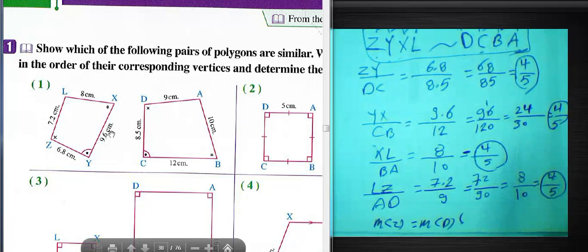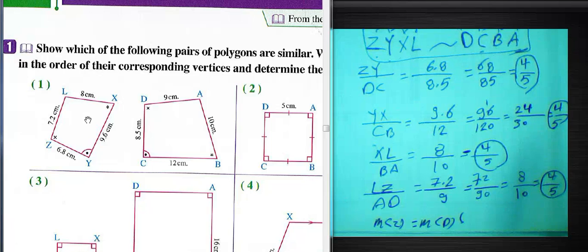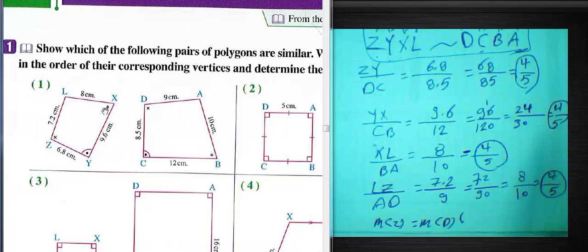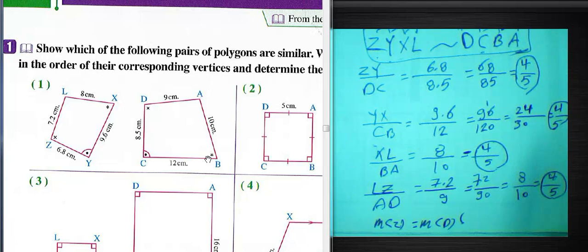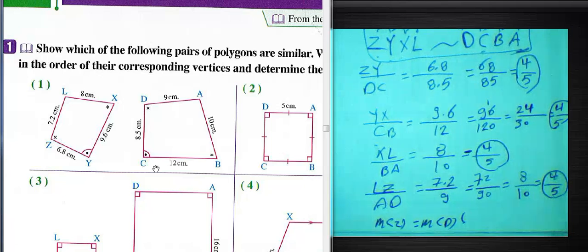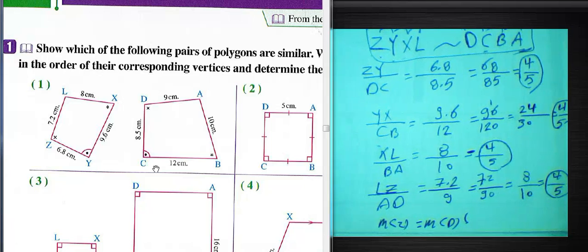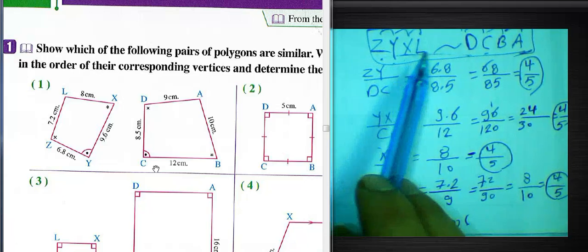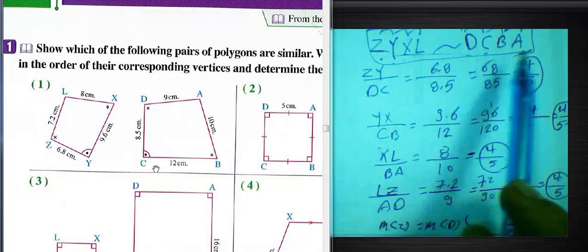Look again at this example: this sign refers to angle X, the measure of angle X equals the measure of angle B, and the measure of angle C equals the measure of angle Y, the measure of angle D equals the measure of angle Z. So we can write the similarity between polygon ZYXL and polygon DCBA.